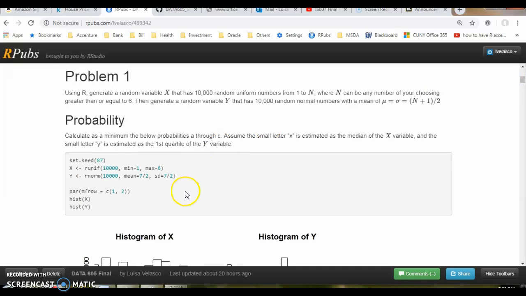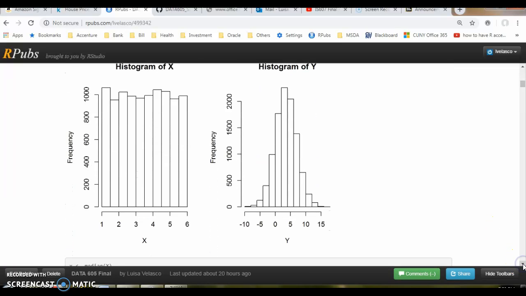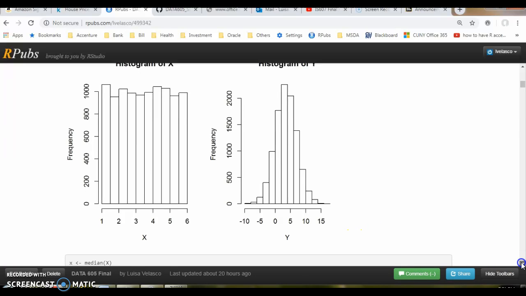In R, we have this set up using the runif and rnorm functions respectively, and below shows their histograms, uniform and normal.